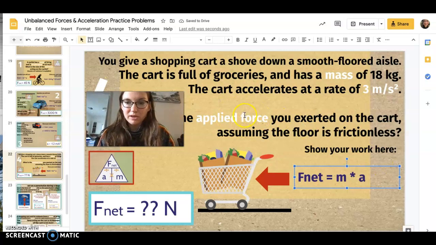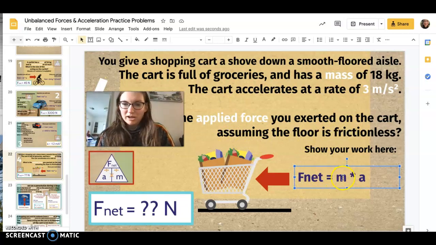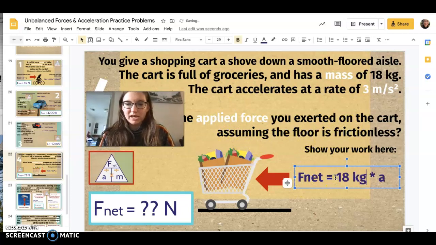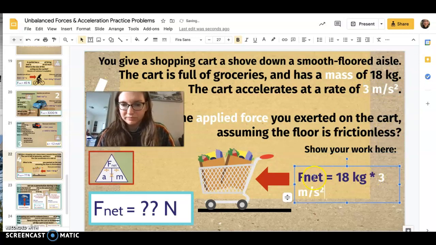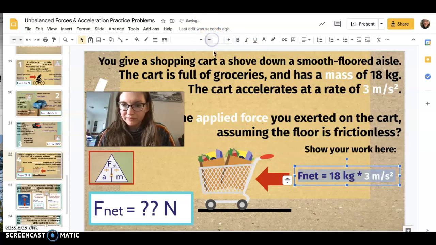So we are looking for the applied force, assuming the floor is frictionless. So that's going to be F net. So the mass of the cart is 18 kilograms, and the acceleration is, I'm going to just copy this, 3 meters per second squared. This whole thing a little bit smaller so it all fits on one line.